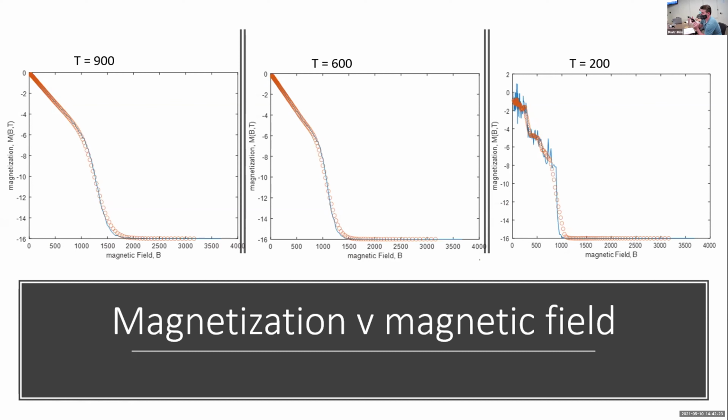So I noticed that on the slide, for the temperature 900 and the temperature 600, is the orange the fit and the blue the actual data points? It looks like the blue is the actual data, but the fit and the actual data points are so similar on 900 and 600. It's only on the 200 that you can tell they're different.